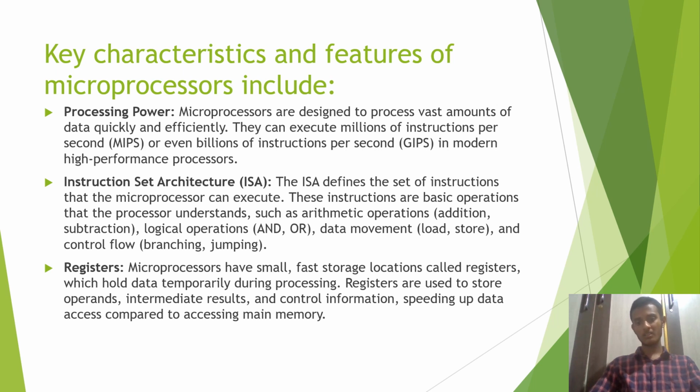These instructions are basic operations that the processors understand, such as arithmetic operations like addition and subtraction, logical operations like AND and OR, data movement like load and store, and control flow, like branching and jumping.